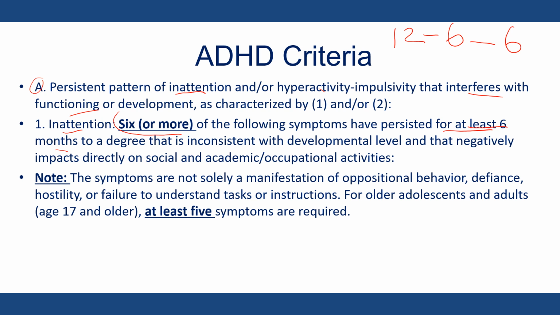Well, we'll talk about symptoms in a minute, but let's talk about this little disclaimer here. When you have a child who is 12, the symptoms have to be 6 or more, but if the child is 17 or older, then you only need 5 symptoms. So just remember that exception to the rules.